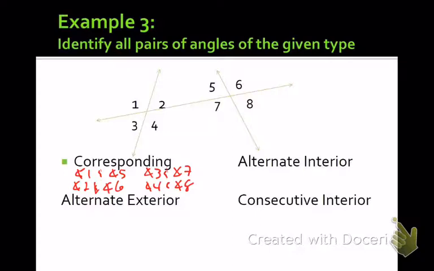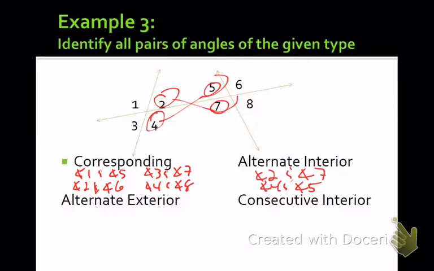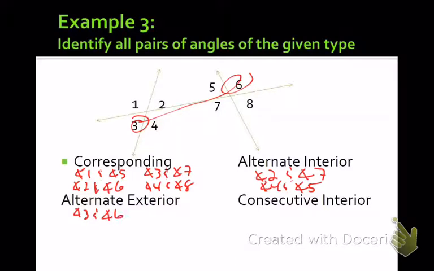Alternate interior. Inside and on opposite sides of the transversal. So angle 2 and angle 7, angle 4 and angle 5. Alternate exterior are going to be 3 and 6, and 1 and 8.